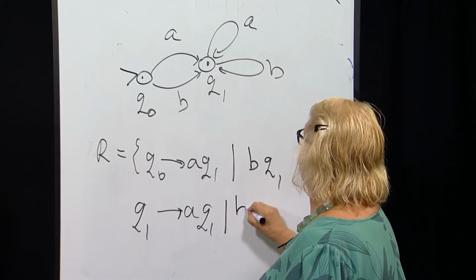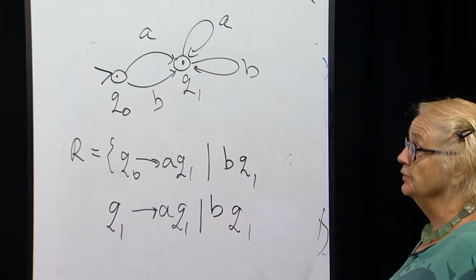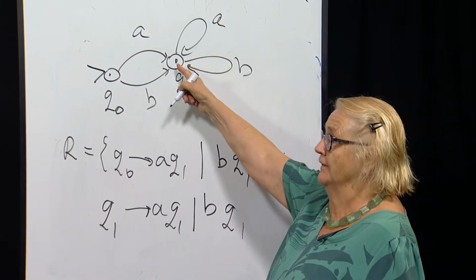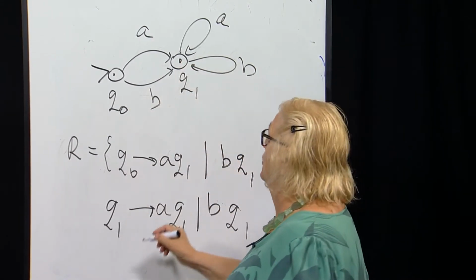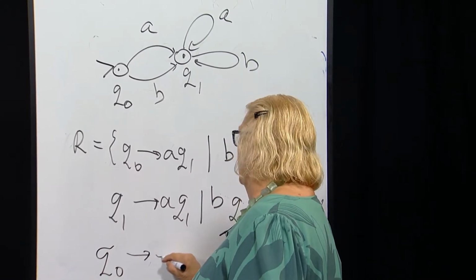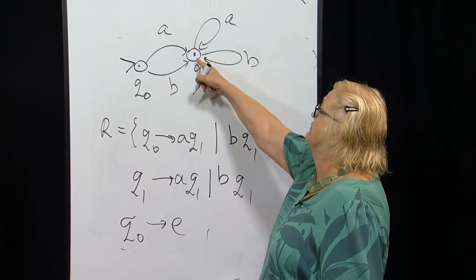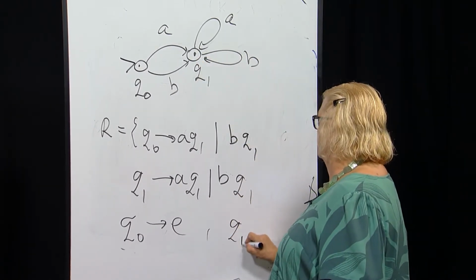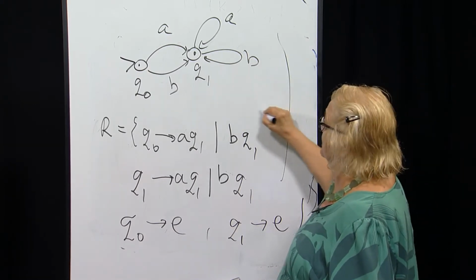You can read B and go to Q1, and also, this is a final state, so you need to have a rule Q0, a way out in the grammar, and this was a final state, so you have Q1 to epsilon. So that is grammar.